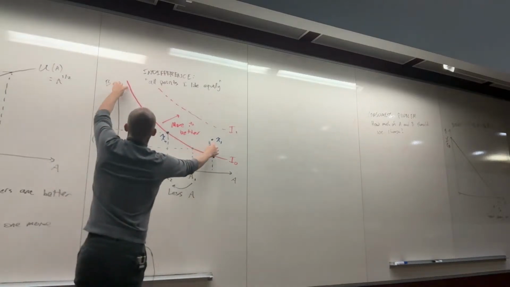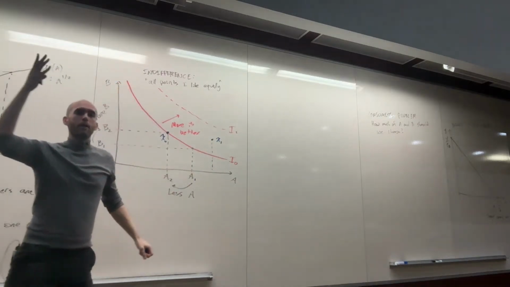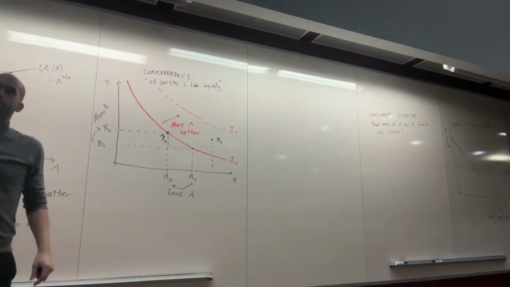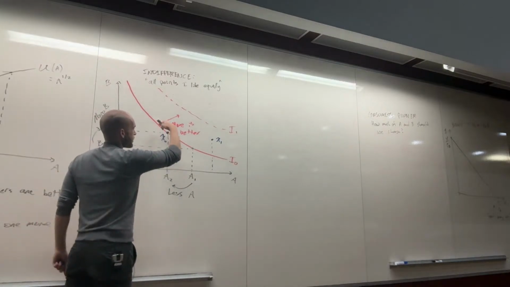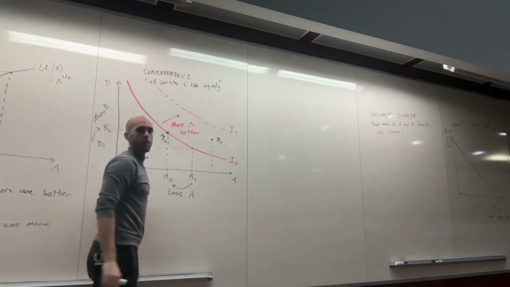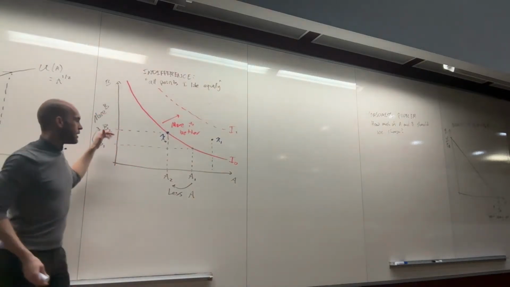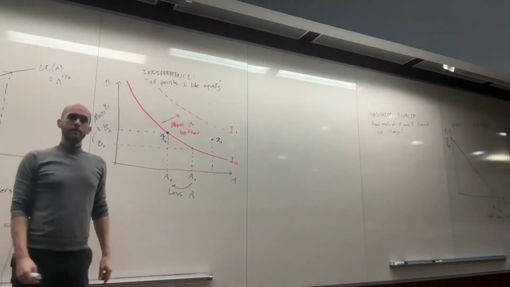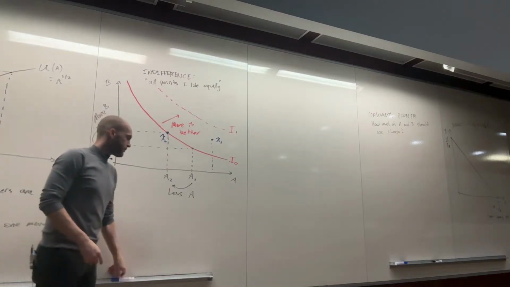Even though we have more bananas up here than we do down here, we still like x1 better because it's on a higher indifference curve. The same is true for x0. x0 has more bananas, but we like x1 better. And that's because we're compensating by giving more apples in exchange for fewer bananas.